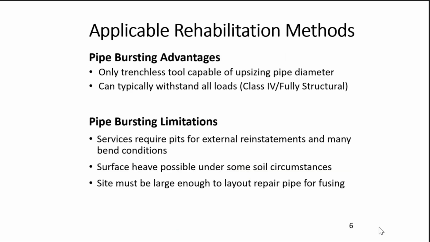One of the big benefits is you can actually make the pipe bigger. Without having to excavate, dig the old pipe out, and put a bigger pipe in, you can pull a bigger pipe in as you're bursting. So it's a huge benefit.